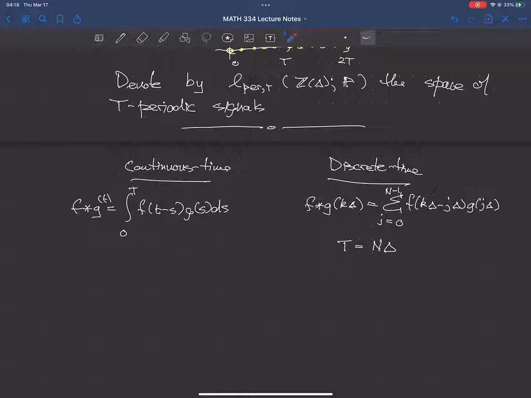So really this is just restricting the convolution to a single period. Now, of course, you still need to talk about convolvability in this case.